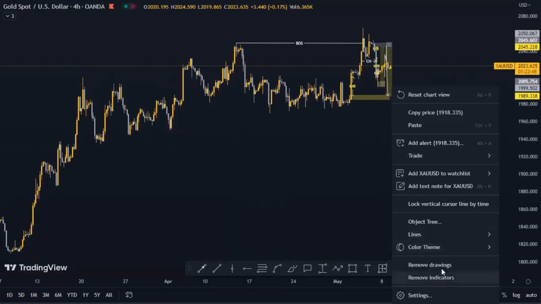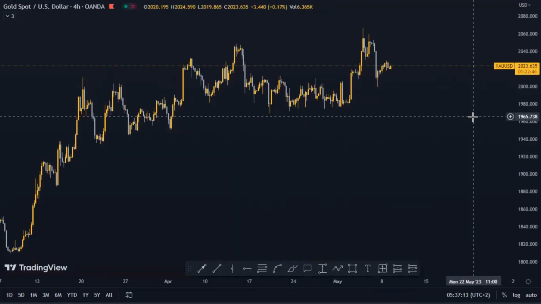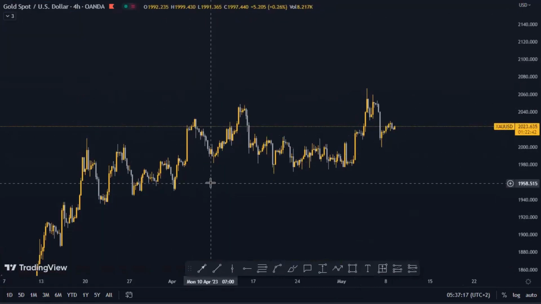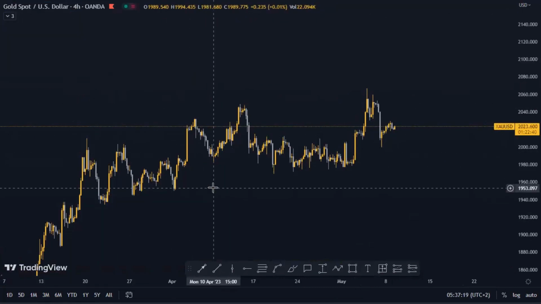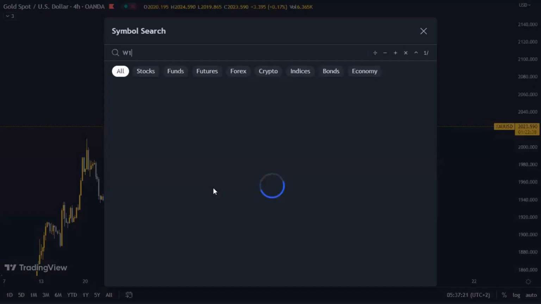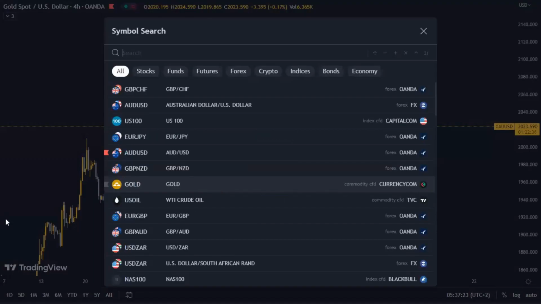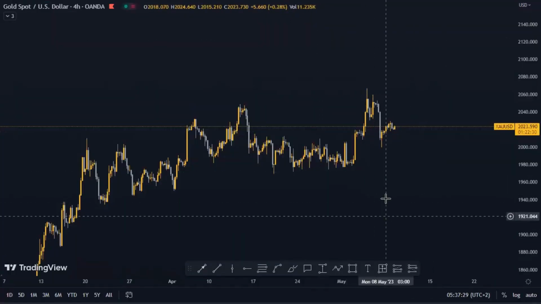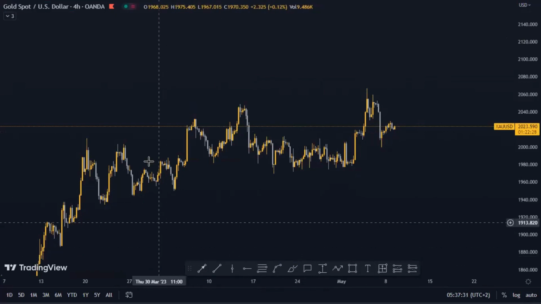And then let me remove the drawings that I already had. Then we have gold. Let me see if it will allow me. All right, so we have gold on a 4-hour time frame. What do we see?